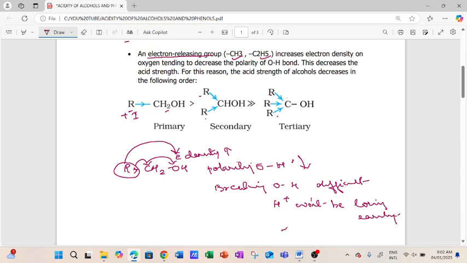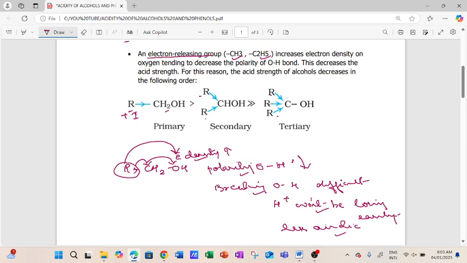Got it? It means it is less acidic. Because acids are the species which have the ability to lose H plus ion. But in this case, because of the presence of the alkyl group, electron density increases, polarity of the OH bond decreases, breaking is difficult, so H plus is not lost easily, so it becomes less acidic. This is the basic concept.